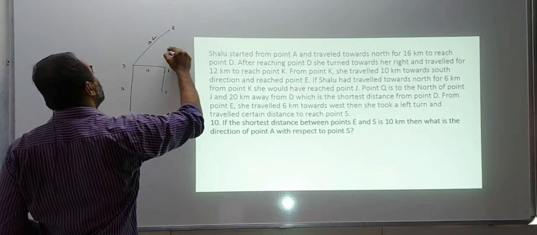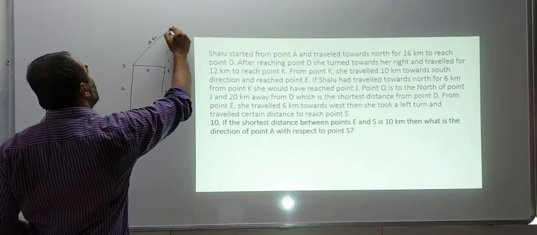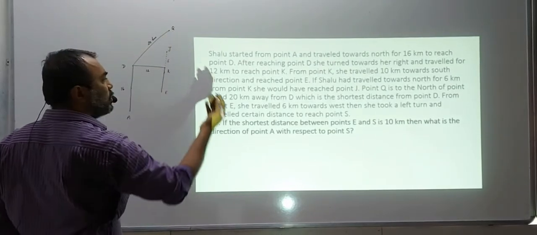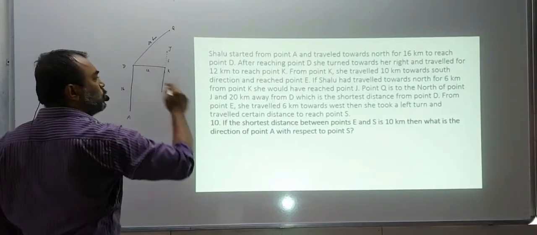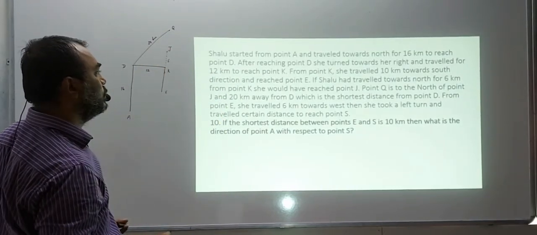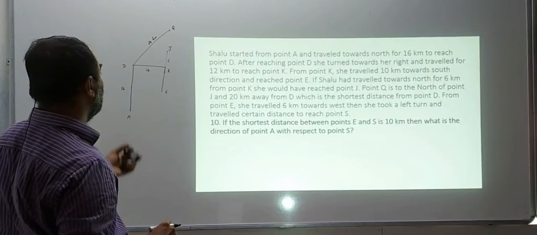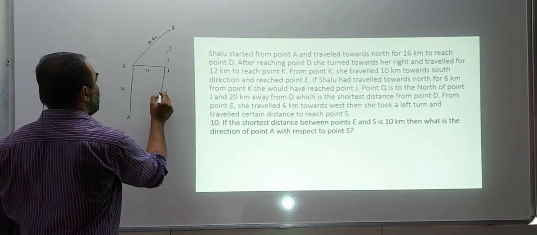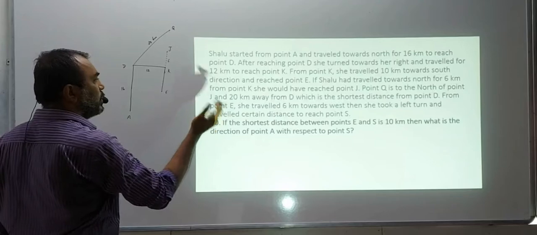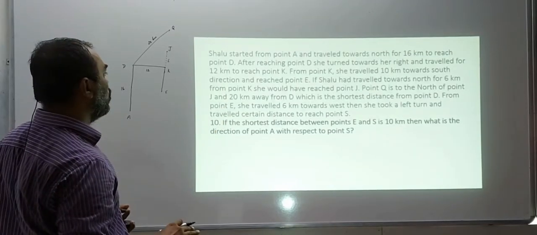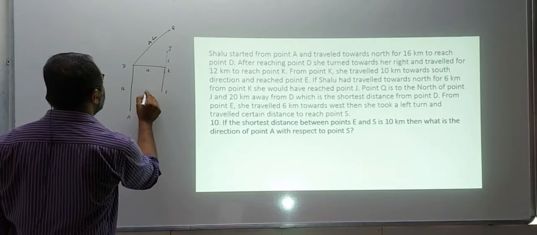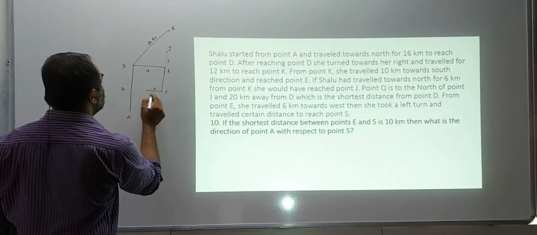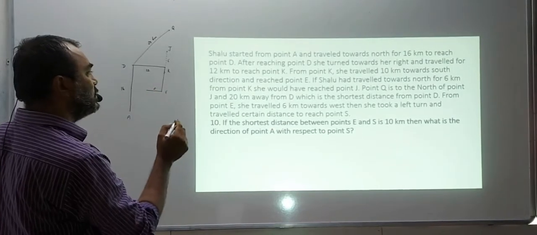What distance we do not know, but the shortest distance between D and Q is 20 kilometers. From point E, now come back to point D. So the if data is over, back to the facts. From point E she traveled 6 kilometers towards west. This is 12. So half of 12 will be 6. She traveled 6 kilometers towards the west.